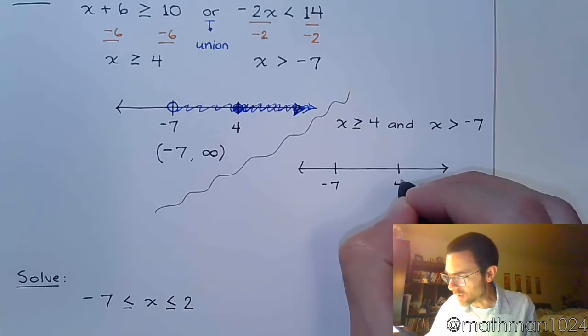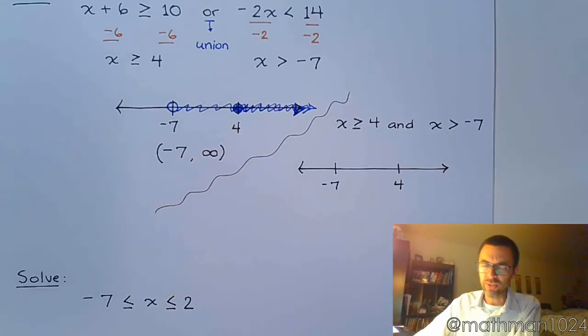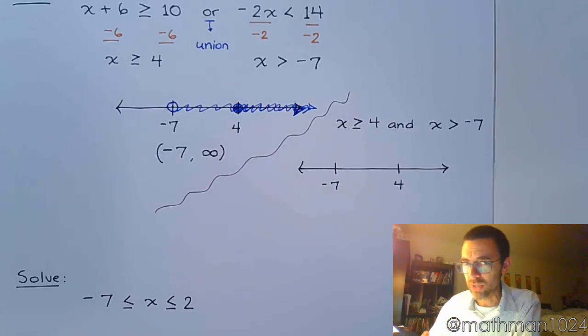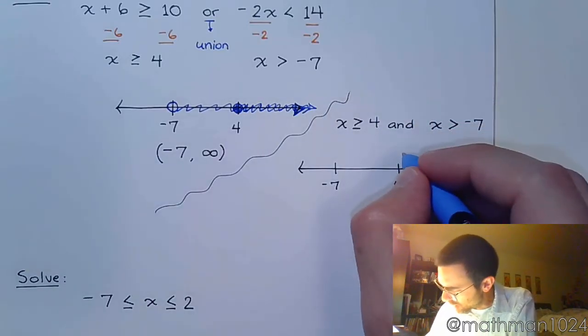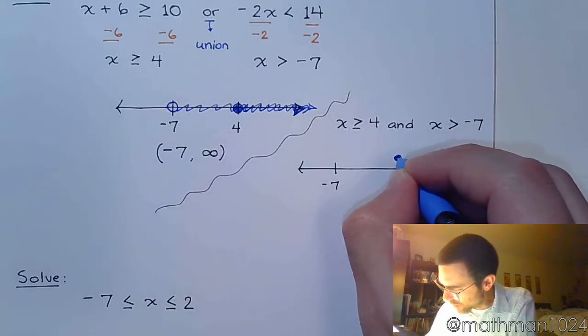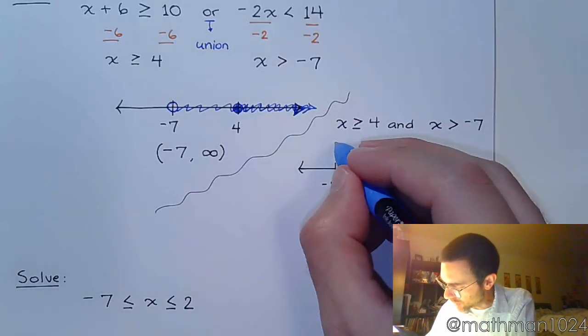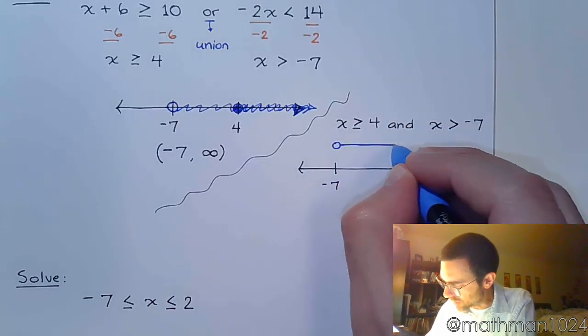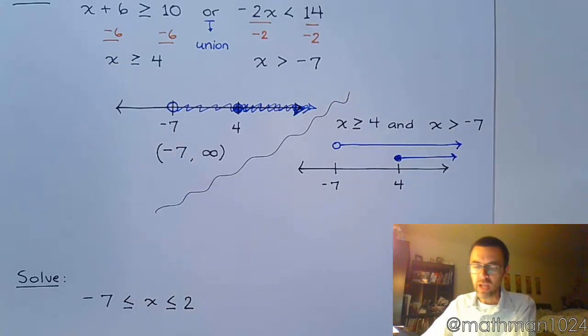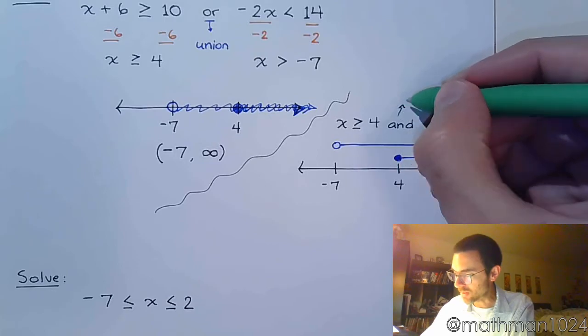And if we're looking for the intersection, we would have actually taken time to graph these guys above, not on the number line just yet. So that would mean greater than or equal to 4 and greater than -7. And then I would have said, okay, where's the intersection? Because that's what the word "and" says.